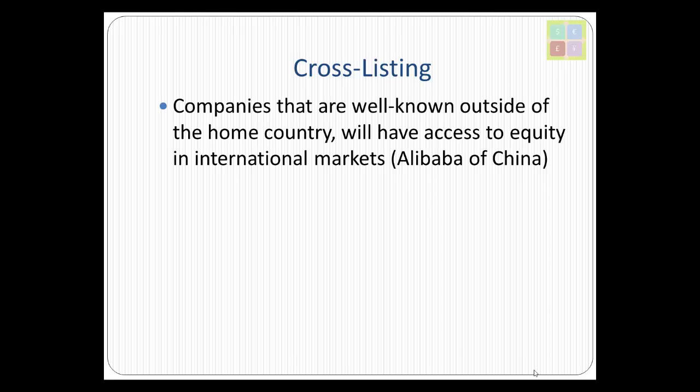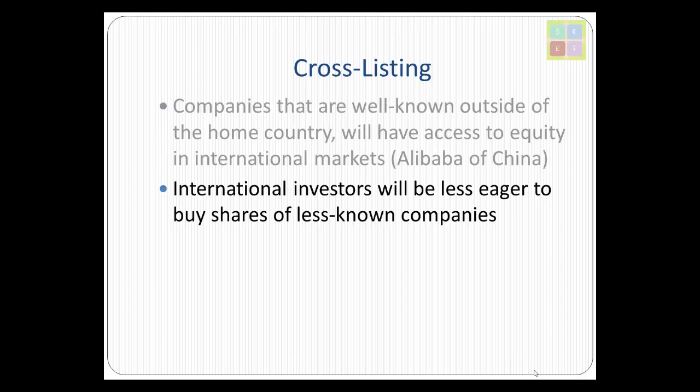Investors in the United States would be eager to buy ADRs of well-known foreign companies like Alibaba of China, so these companies have ready access to international equity markets. However, investors would be reluctant to buy shares of smaller companies that they are not familiar with.